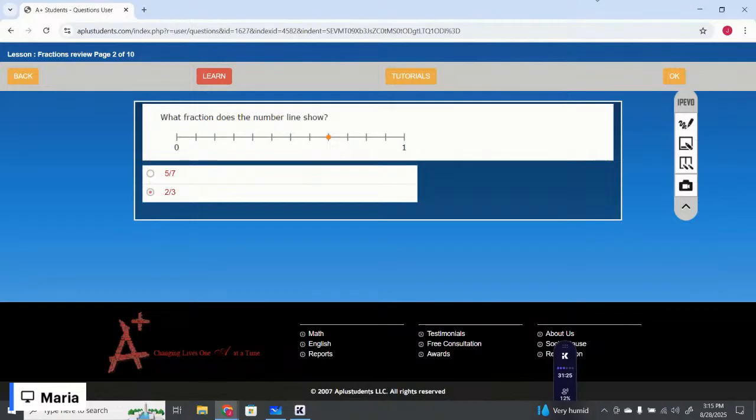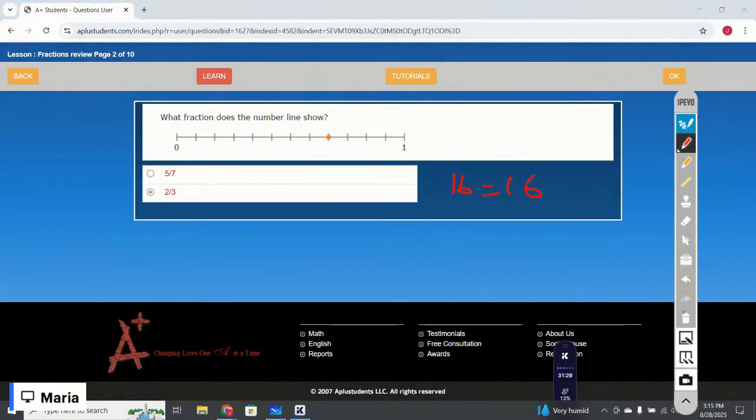That is 8 over 12. You can write the answer in the simplest form. We can divide them by 4. So 4 times 2 is 8, and 4 times 3 is 12. So that is 2 by 3. Option number 2 is the correct option. 2 by 3 it is. Got it?